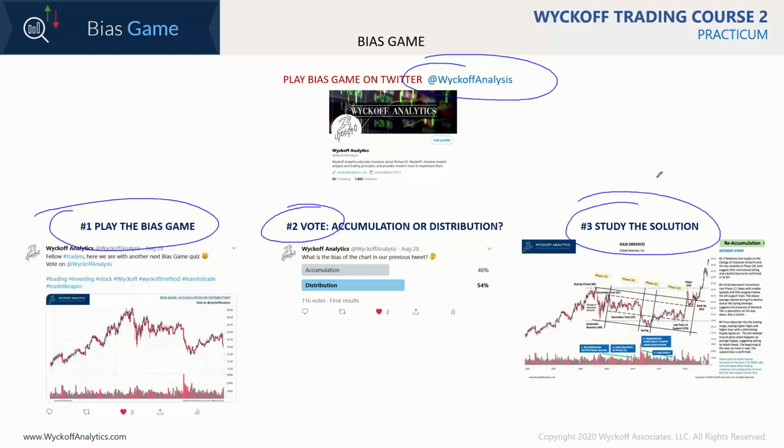And then in a couple of days, we would publish the solution, which would include our own labeling, our own bullet points on the chart, and also a Wyckoff story with the bias identified that tells you step by step what kind of analysis we would be conducting as we go through this trading range.